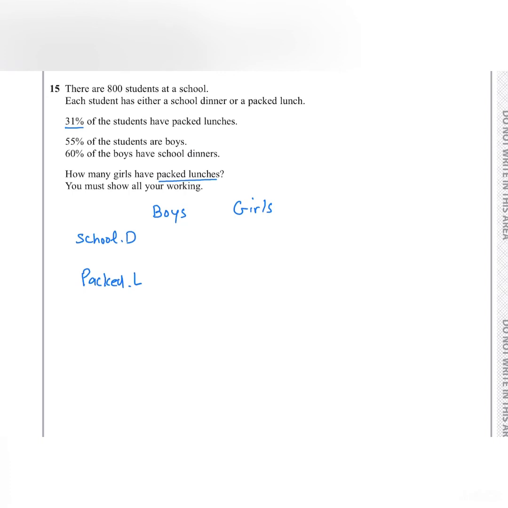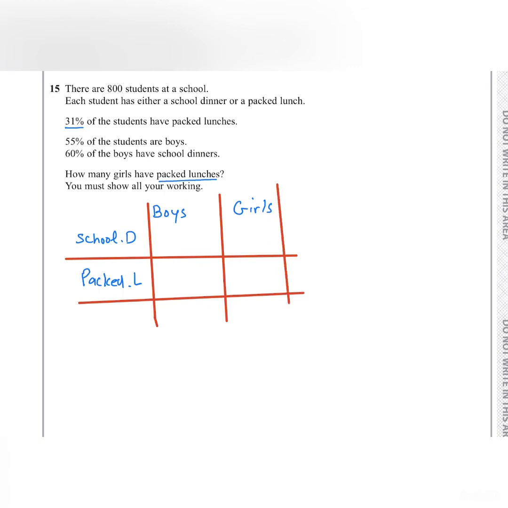Two-way table, again, just very quickly. And then on the sides, we should really have a total. So I'm just going to have another line here, so total over here and total over here. So the total, there are 800 students.